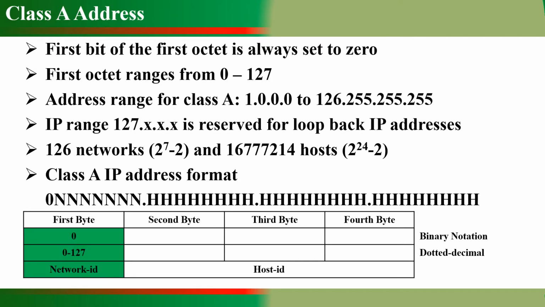The question is why IP version 4 addresses are divided into classes. There are 2^32 IP addresses. Managing all the addresses without any scheme is just impossible. For example, if you have to find a word in a dictionary, it will take less than 5 minutes.